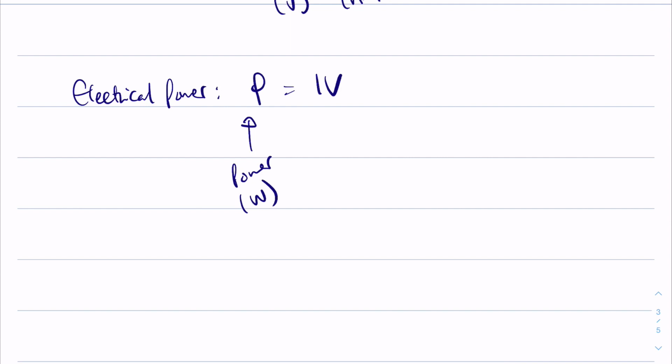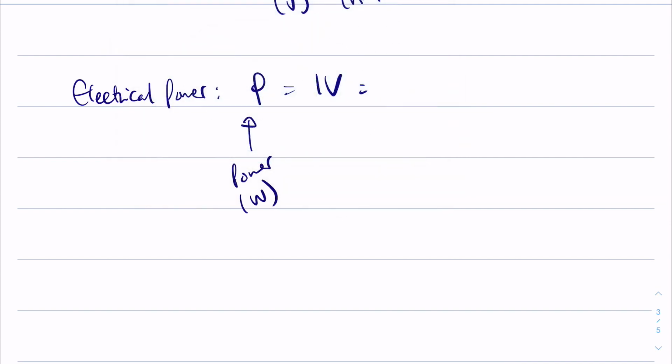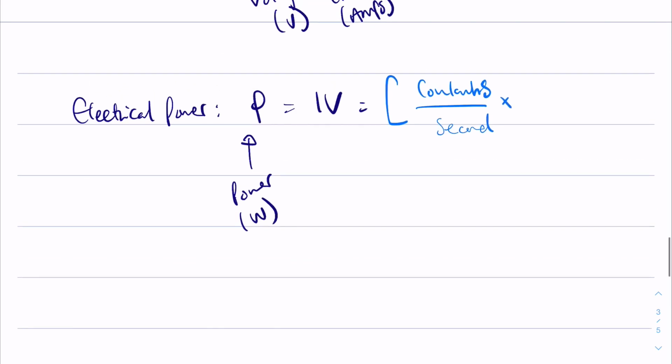Now we can analyze this a little bit further if we just change color and look at some units. The amp is the unit of current, and current can be broken down into coulombs per second. And the volt is the joule per coulomb.